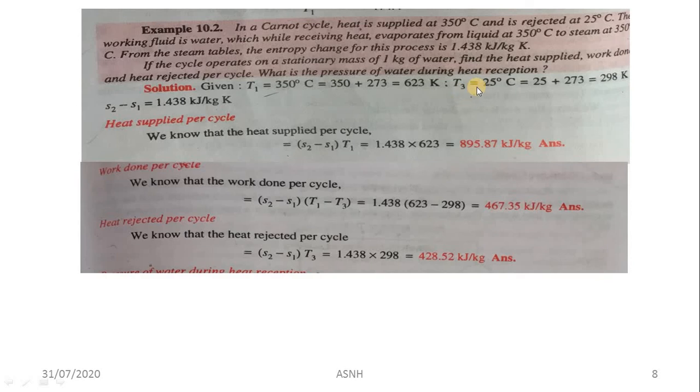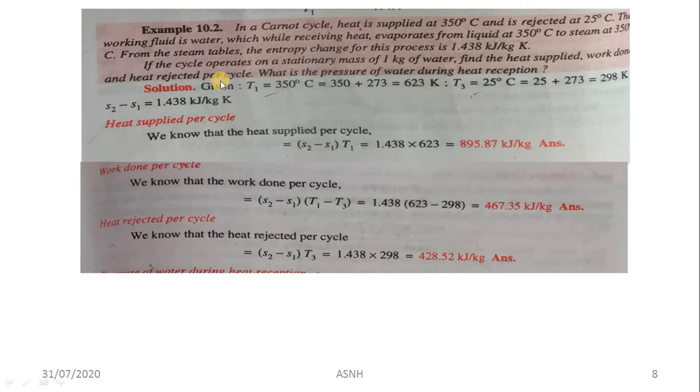So T3 is equal to 25 degree centigrade, converted to Kelvin by adding 273. The entropy change for this process, S2 minus S1, is 1.438 kilojoule per kg Kelvin.